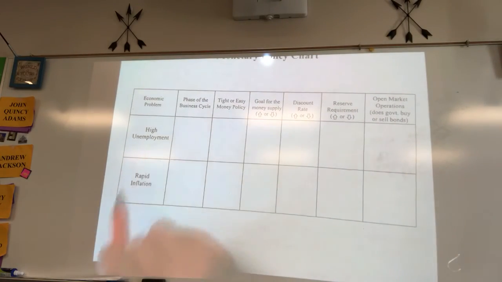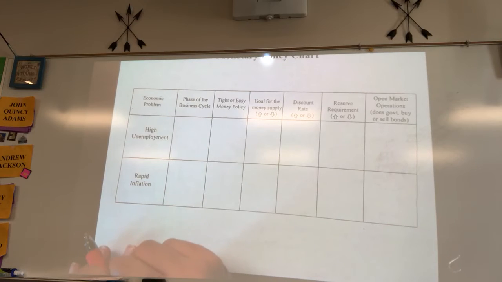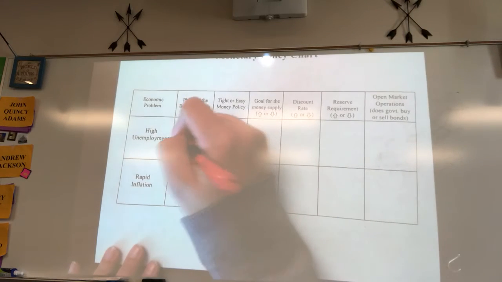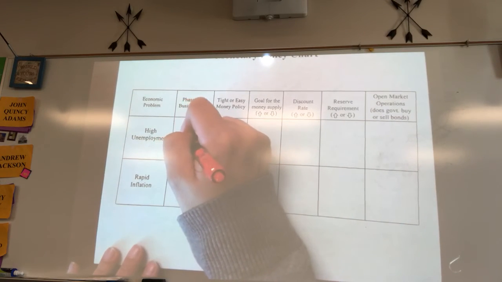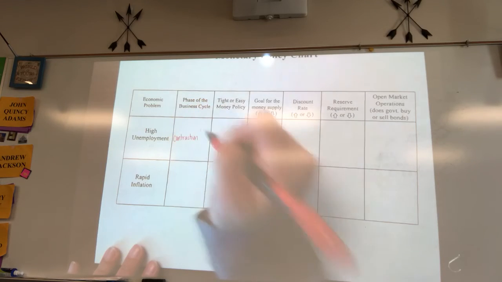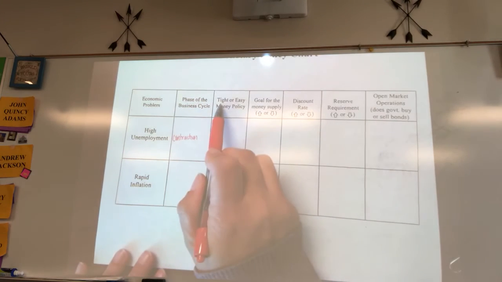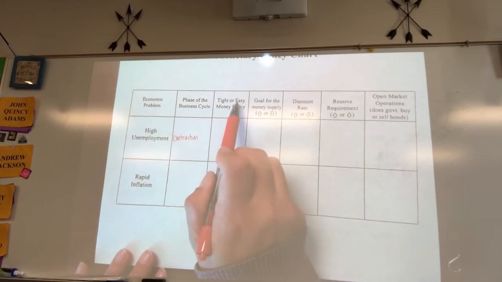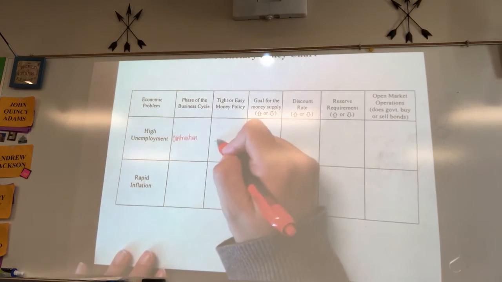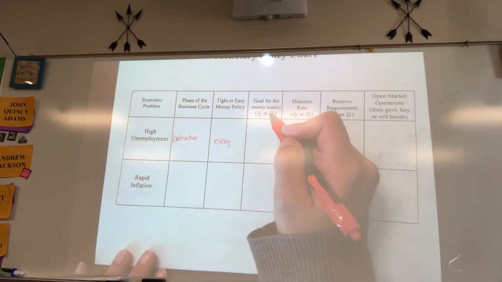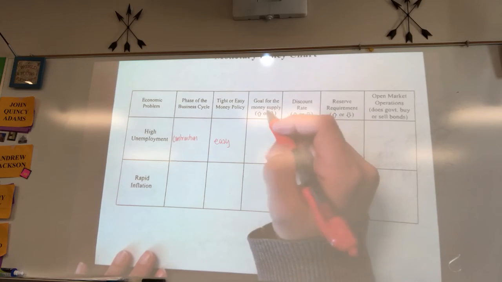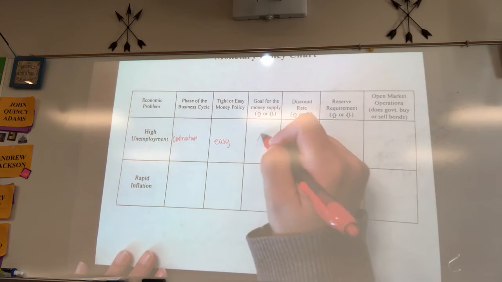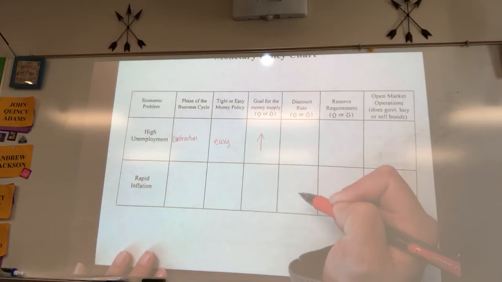If we have high unemployment, what phase of the business cycle are we in? Contraction. What should we do in a contraction? We're in tight or easy? Easy. So if we ran that, what will happen to the money supply? The money supply would increase.